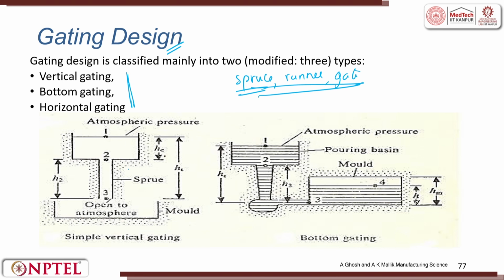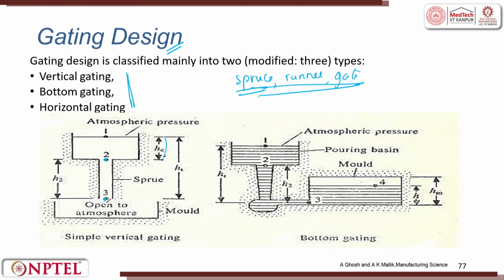If you have an open gating system, you have a pouring basin, then you have a sprue. Whatever is here is at atmospheric pressure. At the start of the sprue it will be point 2, and at the end of the sprue you will have point number 3. So, the heights are defined.